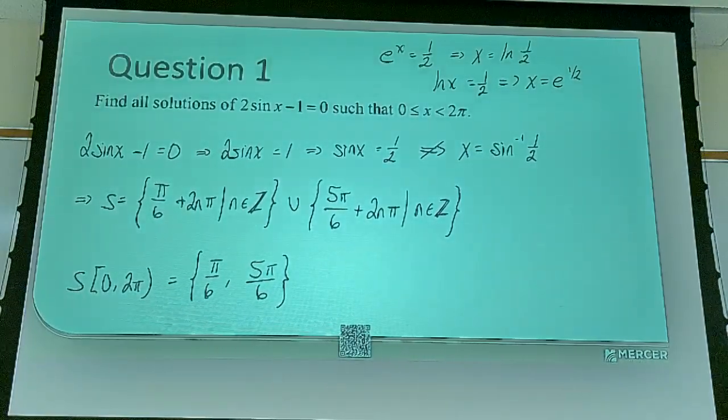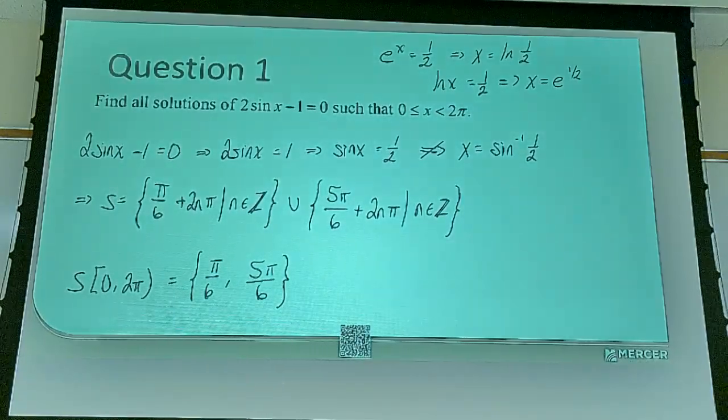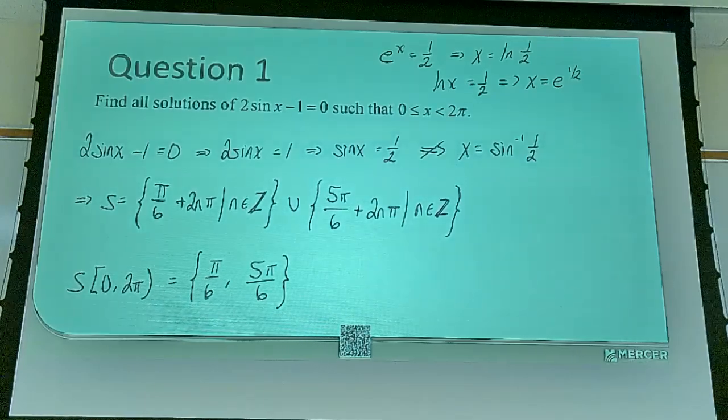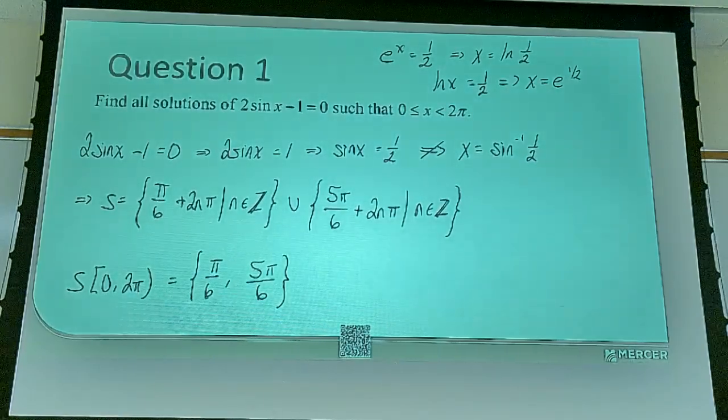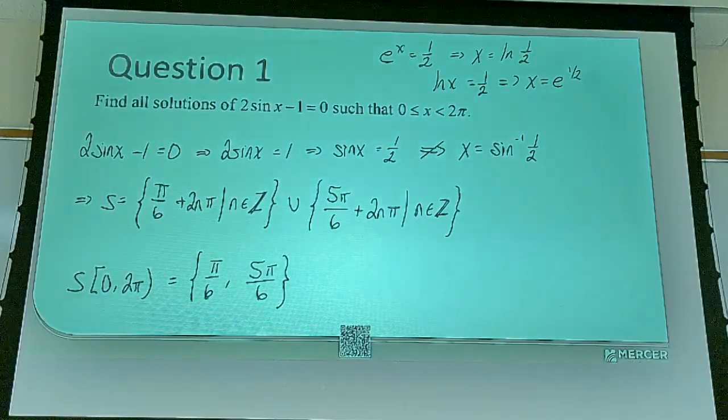But being able to write out the infinitely many solutions is helpful, because what if instead of from 0 to 2 pi, I said from 0 to 8 pi? You get pi over 6, 5 pi over 6, but then you find coterminals. So you can get from 2 pi to 4 pi: you add 2 pi to each of those solutions. Now from 4 pi to 6 pi, you add 2 pi to those new ones, or 4 pi to the original.